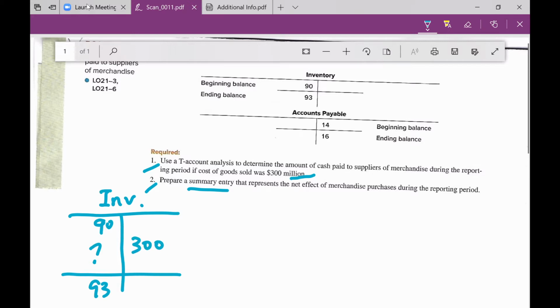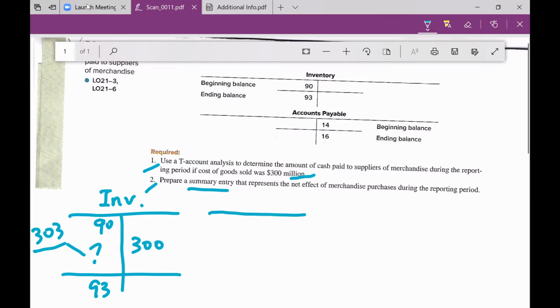Based on this, we can figure out the total debit to inventory. 90 plus 303 minus 300 gives us 93, so this has to be 303. This is the cost of purchases.